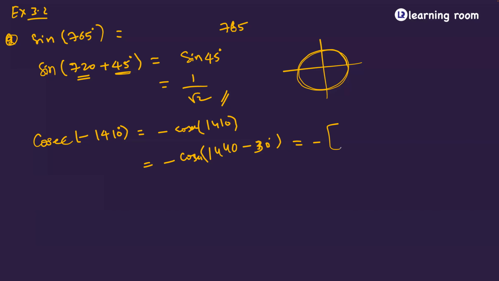Which quadrant are you landing in? Fourth quadrant. So in fourth quadrant, cosecant is negative. So minus of minus cosecant 30. What will the answer be? Half, 2. So that should be the answer.